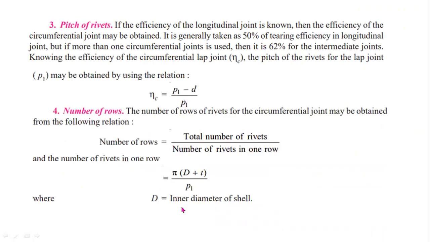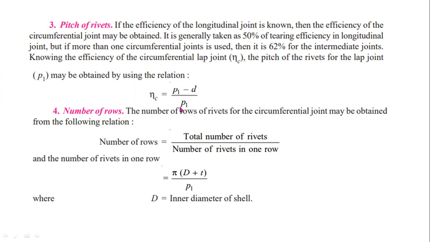This is the formula for determining the circumferential efficiency of the joint. If the efficiency of the longitudinal joint is known, then the efficiency of the circumferential joint may be obtained. Here it is generally taken as 50% of the tearing efficiency in the longitudinal joint.